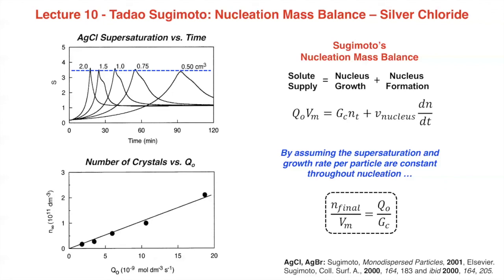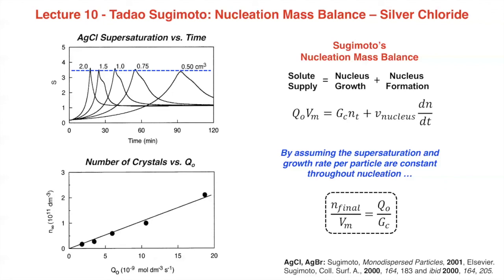This equation is really important because it tells you that fast solute supply kinetics give you more particles, as shown in the graph on the lower left.